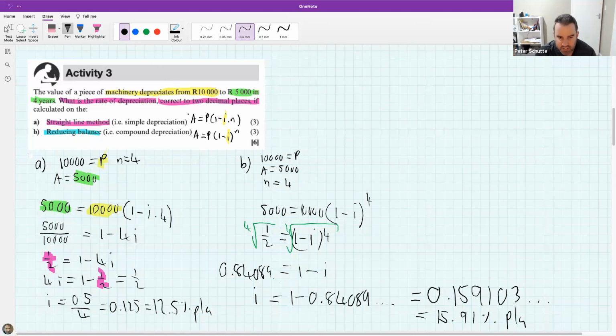Okay, you're right. The honest truth is you go with whatever is said in the question. And here it says correct to 2 decimal places. So did you need to do this bit here? No. And did I need to do this? I did it out of habit, mainly. But if you look at the question, it says correct to 2 decimal places. Oh, you know what?